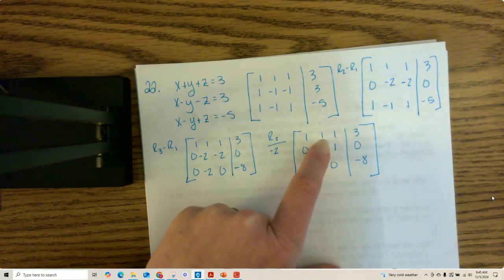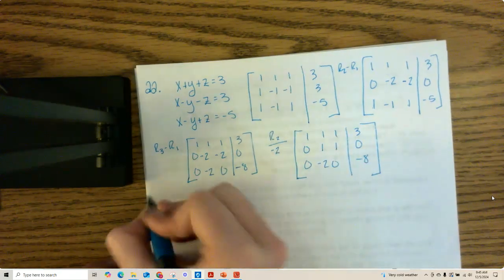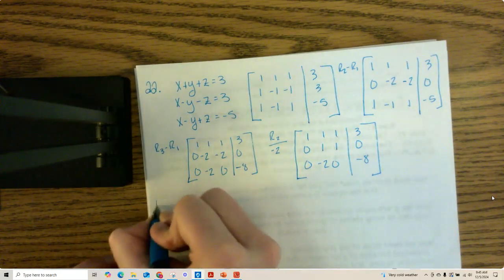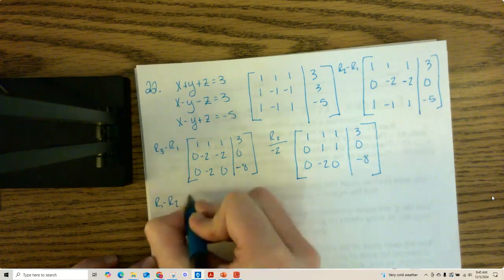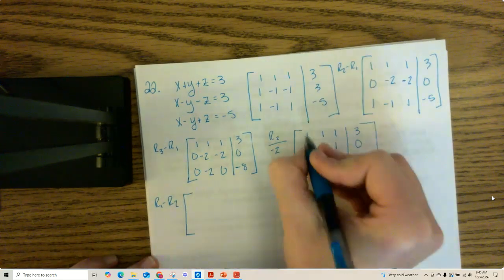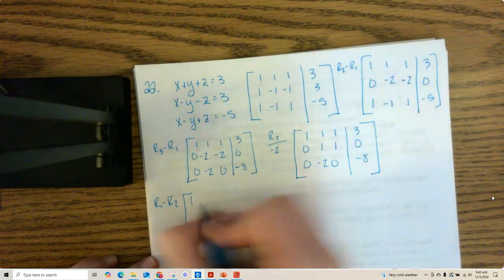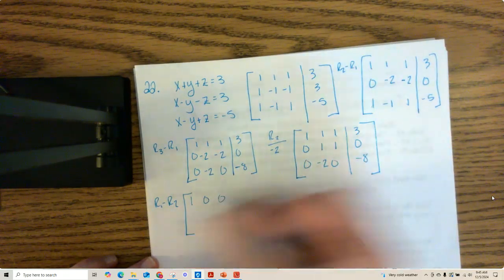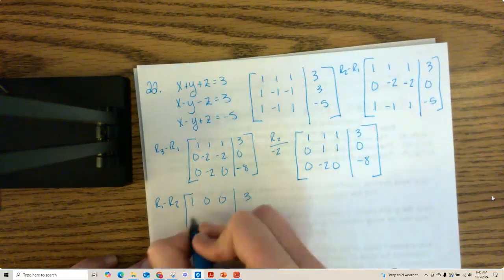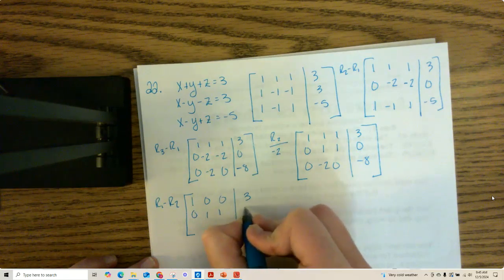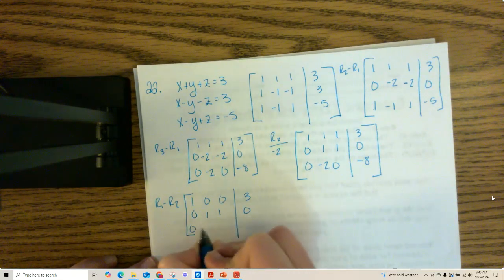And then we want to get zeros there and there, so we could do row 1 minus row 2. 1 minus 0 is 1. 1 minus 1 is 0. 1 minus 1 is 0. 3 minus 0 is 3. Everything else stays the same.